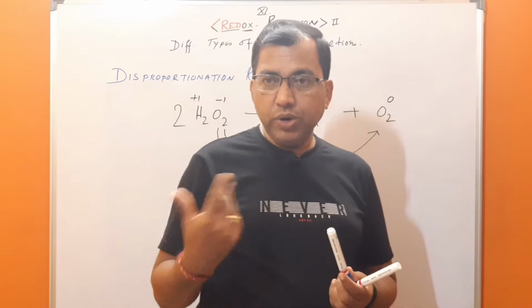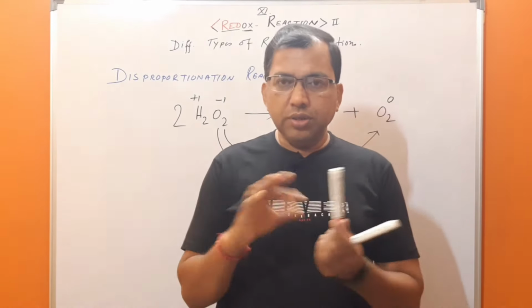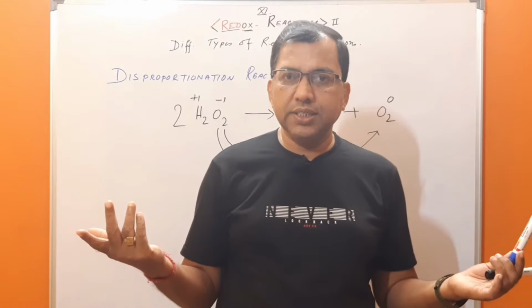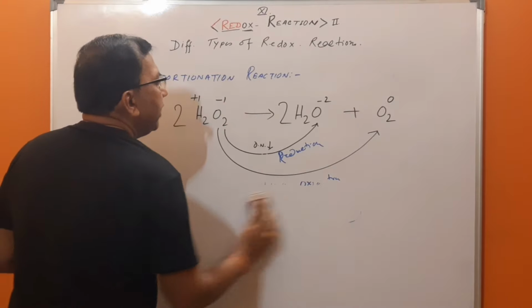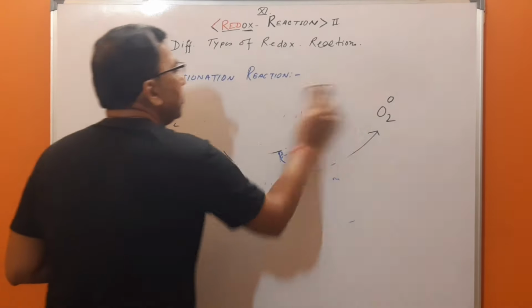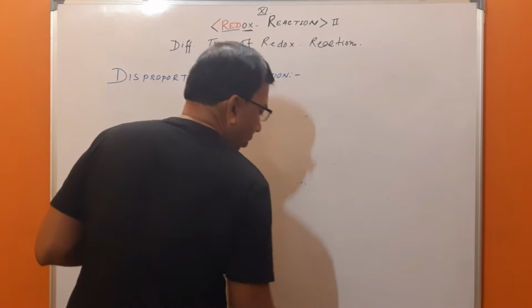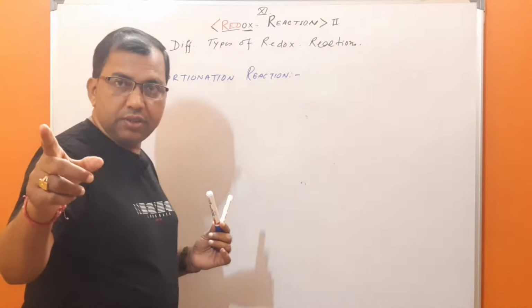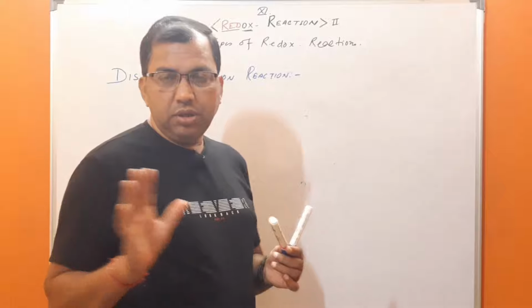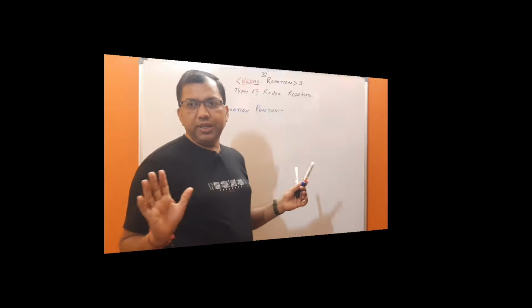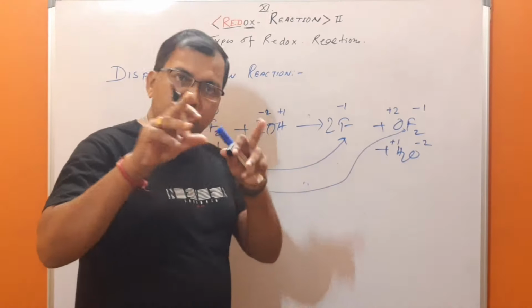It reacts with water and produces oxygen, but it does not show disproportionation reactions. All halogens, chlorine, bromine, iodine, show disproportionation reactions, but the exception is fluorine. Fluorine does not show disproportionation reaction.